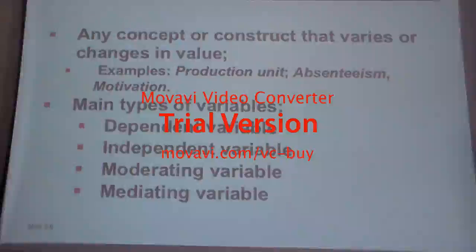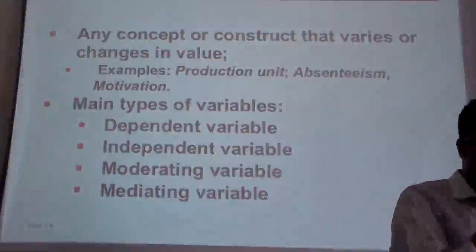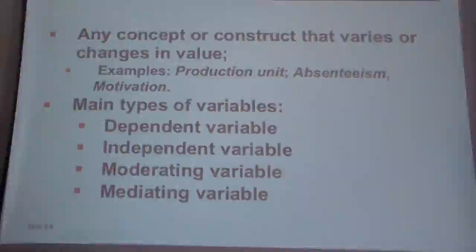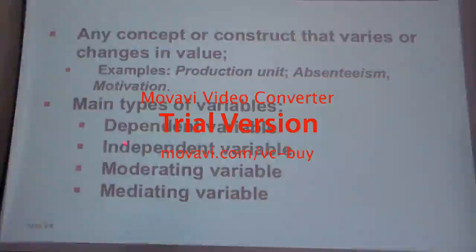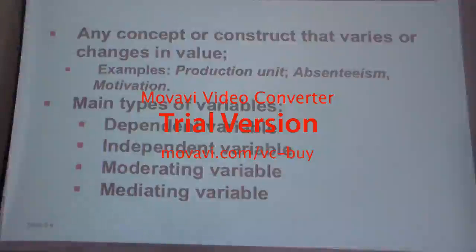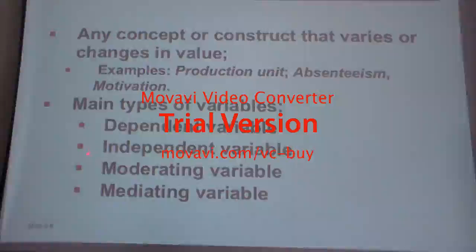So now you understand what we mean by variable. So in your research problem, you should have variables, research variables. You should know what are your research variables. Okay. We have types of variables. The first type called dependent variable. The second type is independent variable.